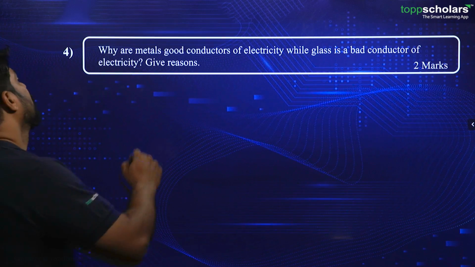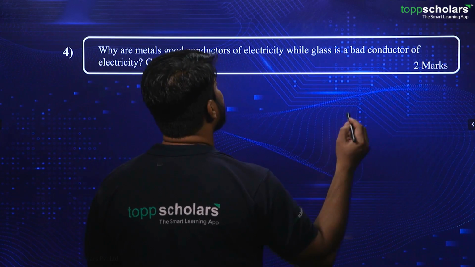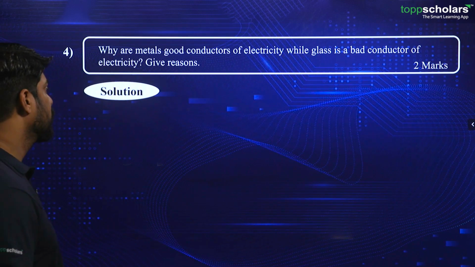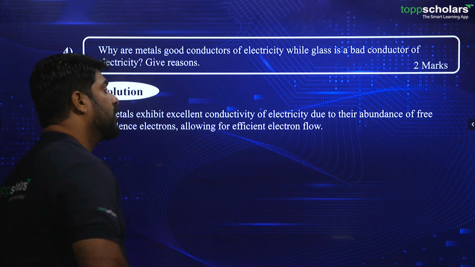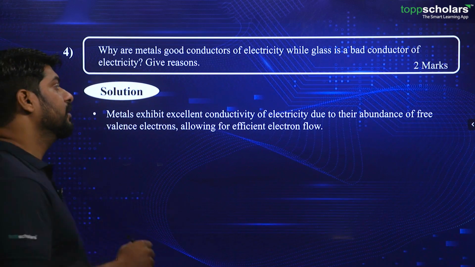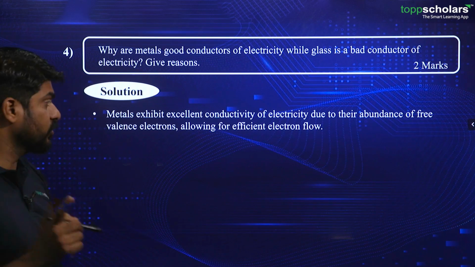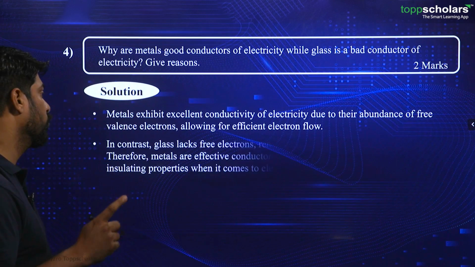Next question, why are metals good conductors of electricity while glass is a bad conductor of electricity? Give reason. So it is very simple. Metals exhibit excellent conductivity of electricity due to their abundance of free valence electrons, allowing for efficient electron flow.